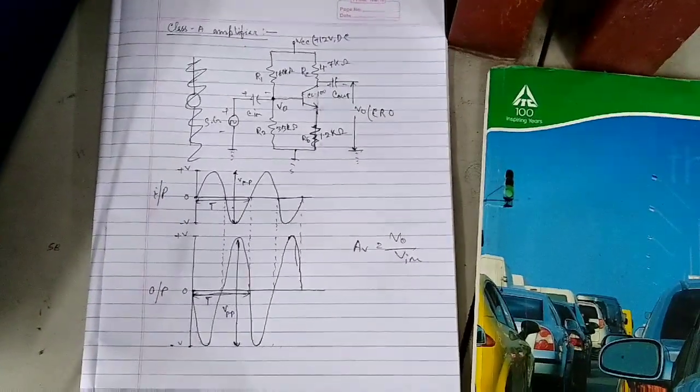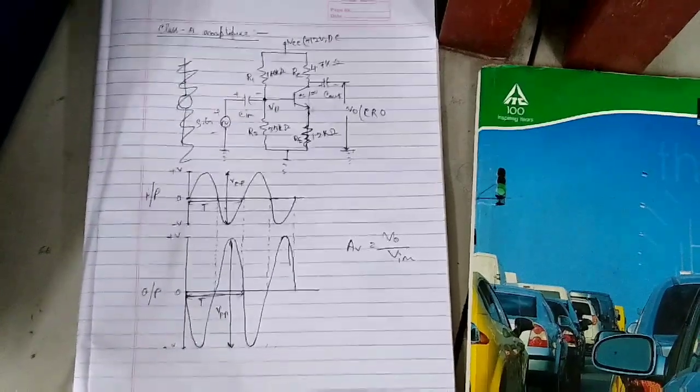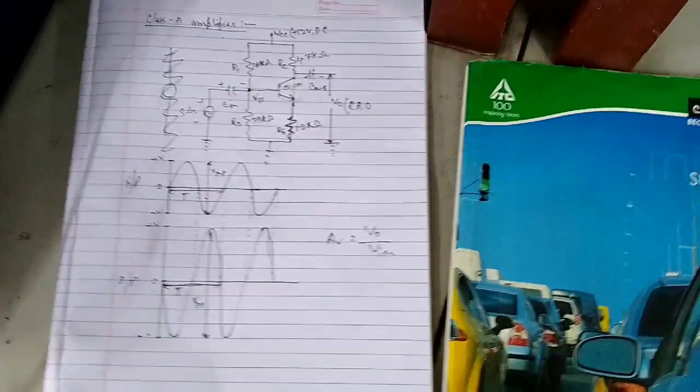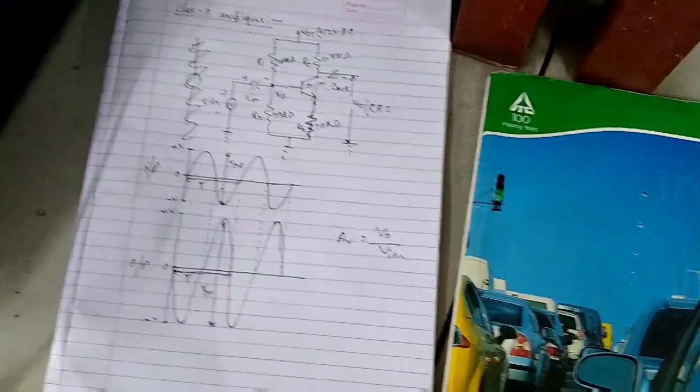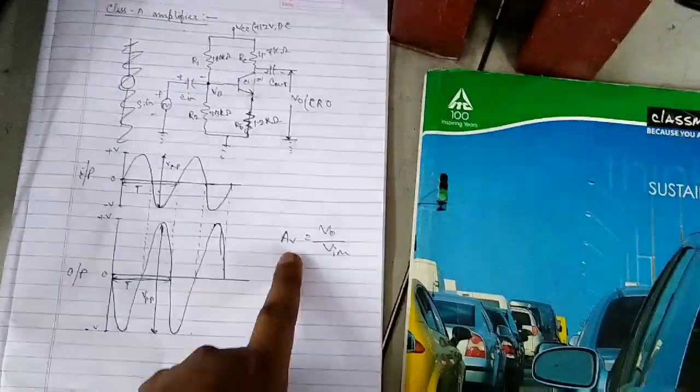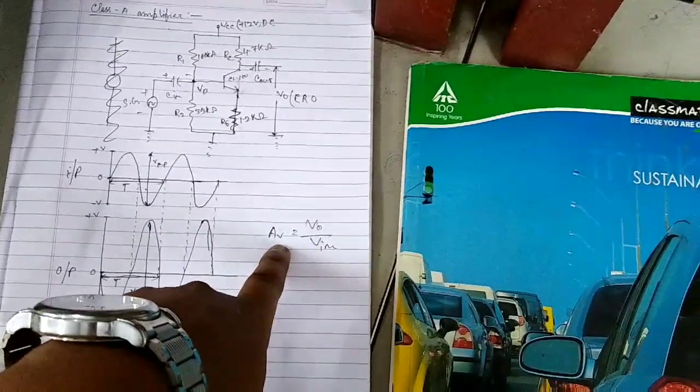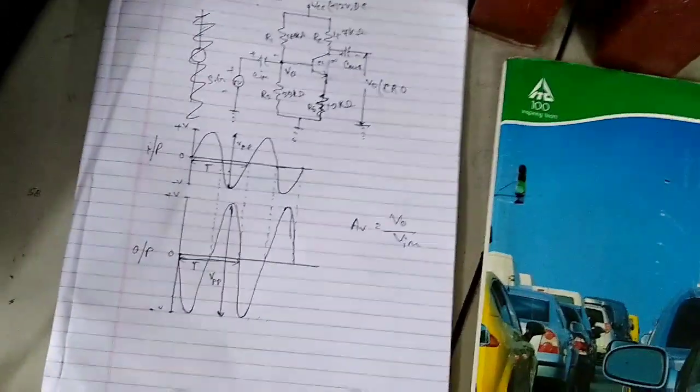Now in an amplifier we see a term, that is voltage gain or gain. In this circuit we will be talking about voltage gain only. The voltage gain is denoted A suffix V, that is V0 by Vin. This is nothing but the ratio of output and input voltage.